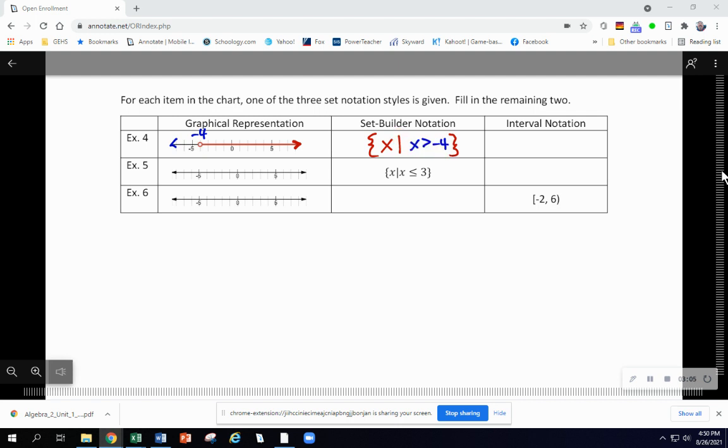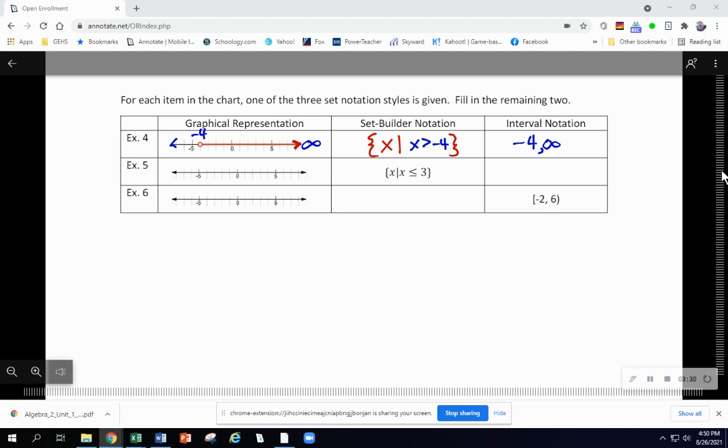Now, when you get to the other version over here on the right, the interval notation, you tell me the left-hand starting point, -4, and you put a comma, and you tell me where it goes on the right. In this case, it goes forever to the right. So you go to infinity, and then you tell me whether to include those values or not.